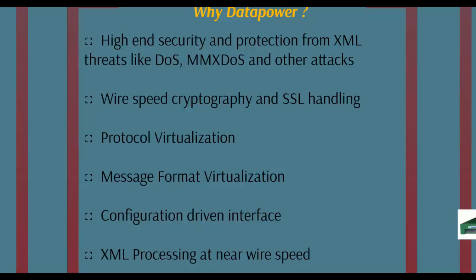So inside your organization, if you want to leverage this feature, this could be a huge gain. That's why we say that XML processing is the place where Datapower really shines.